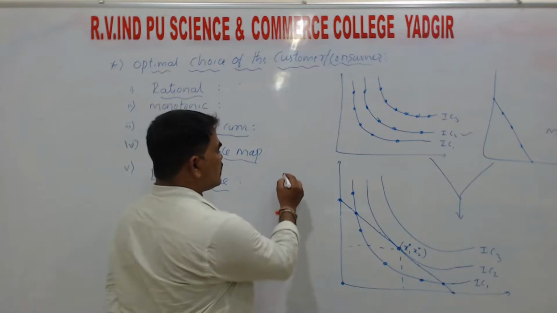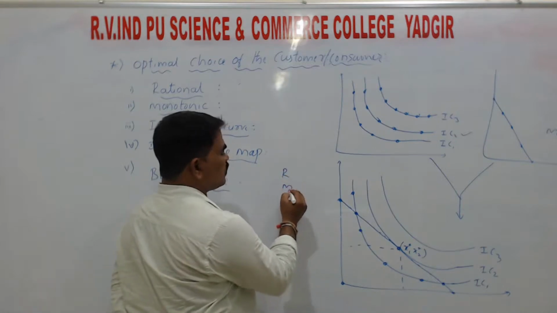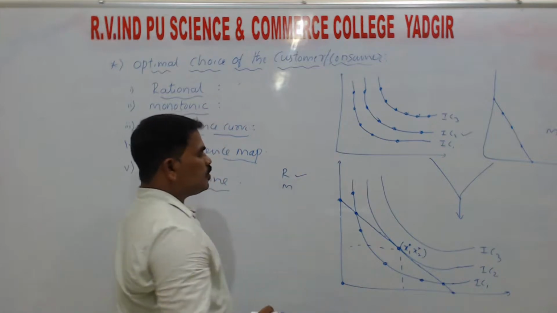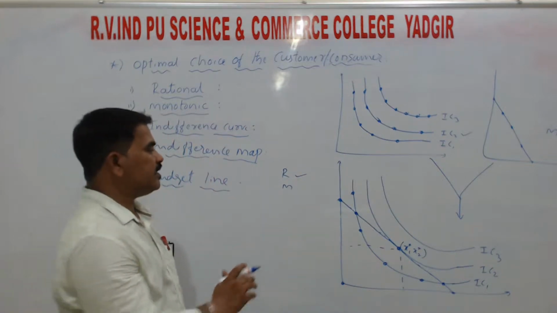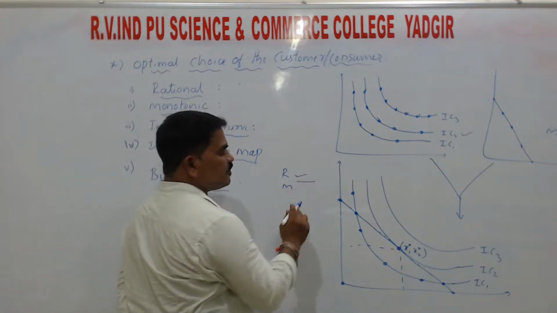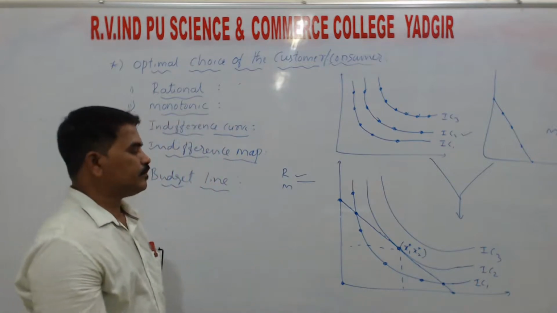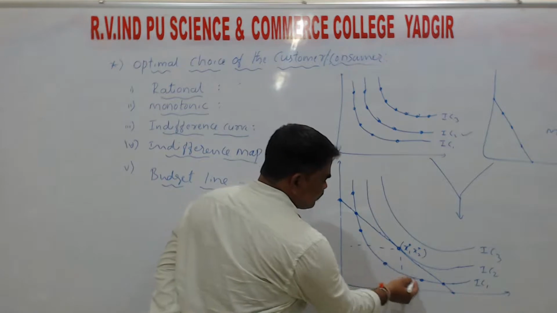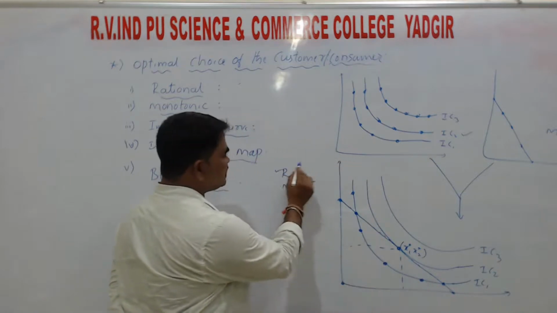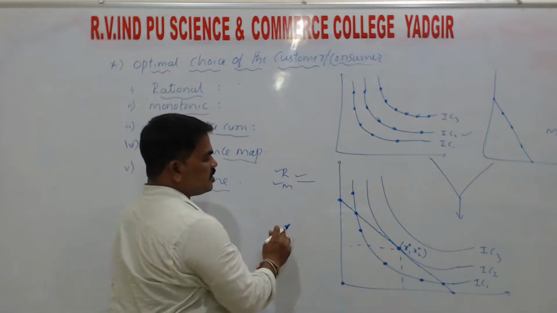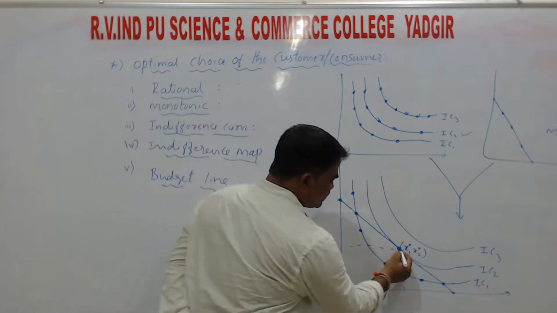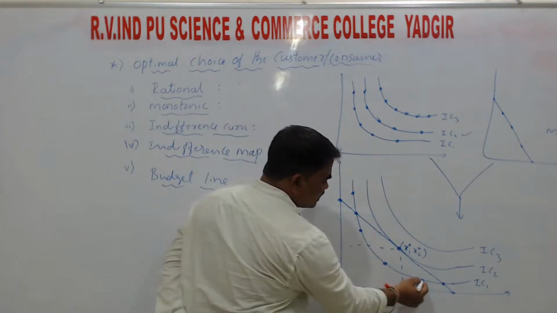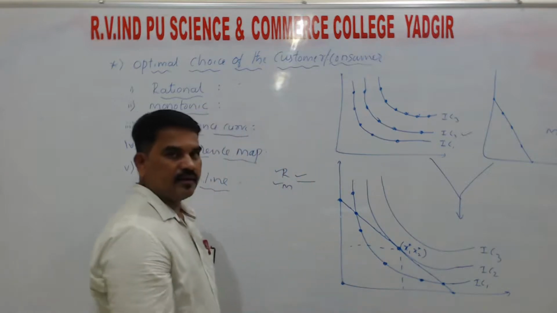Now there are 2 more points, rationalism and monotonic preferences. Rationalism means he knows what is good and bad, and he will always go with the bundle which gives him maximum satisfaction. So why can't we select these other bundles? Because of this nature and this nature. This bundle gives him more products compared to these bundles, correct?